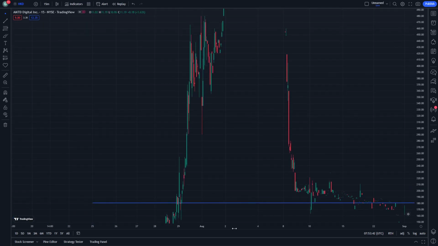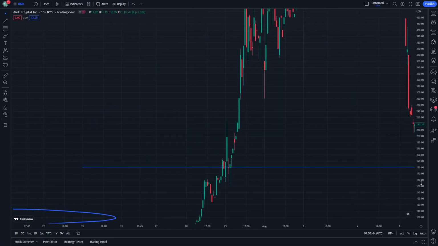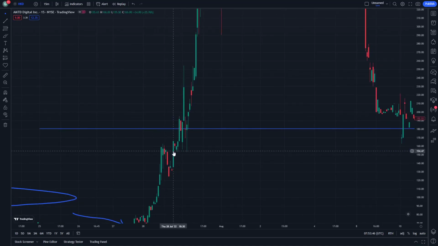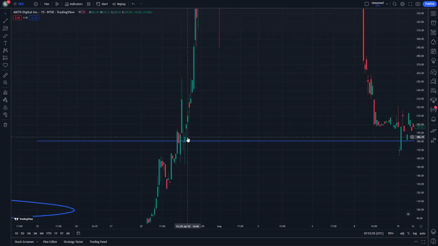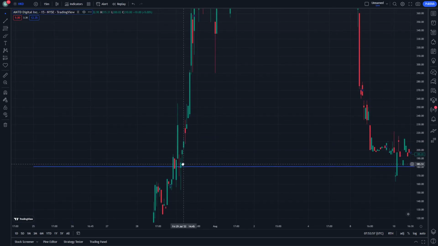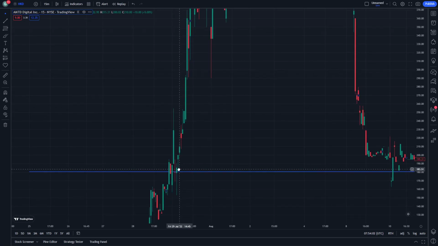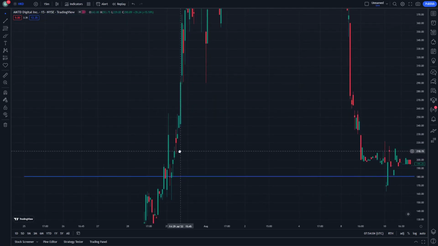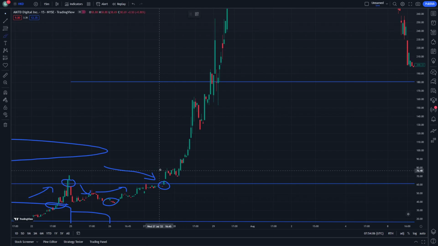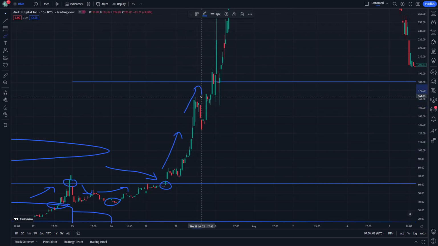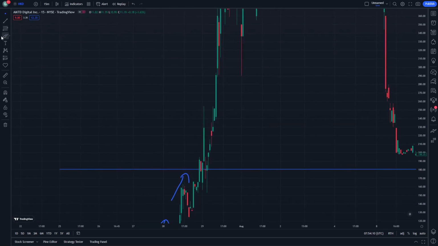The second thing we want to focus on is the candles. The green candles outnumber the red candles. It doesn't matter whether it looks like this or not; all we need here is to see an increase in momentum with a spike.